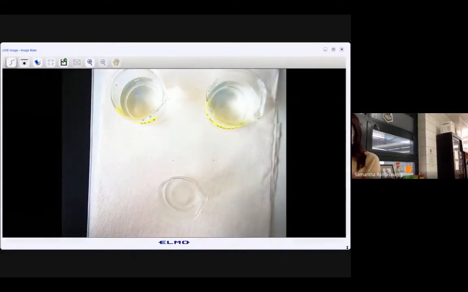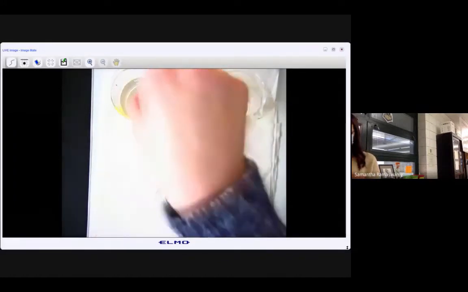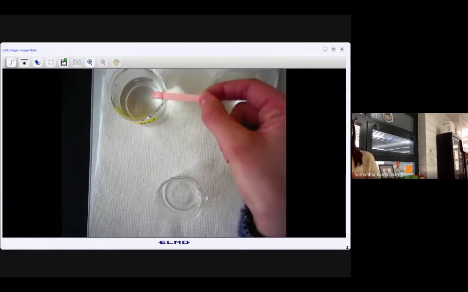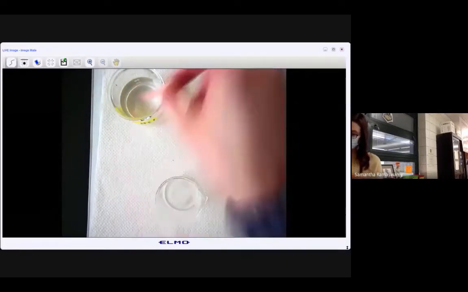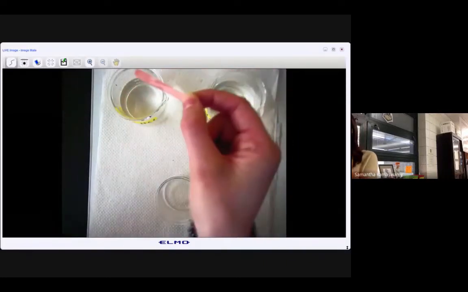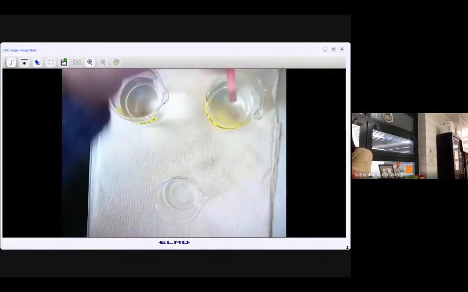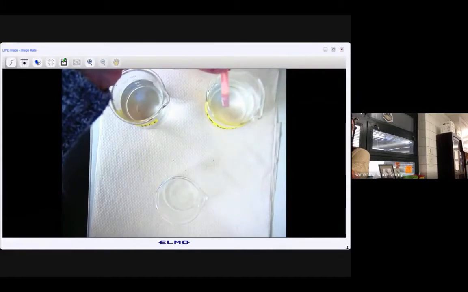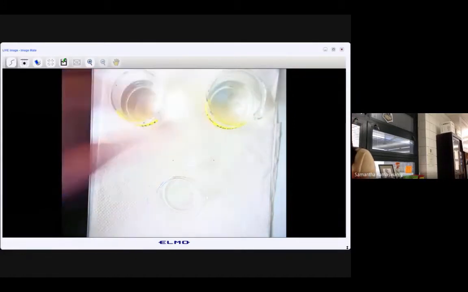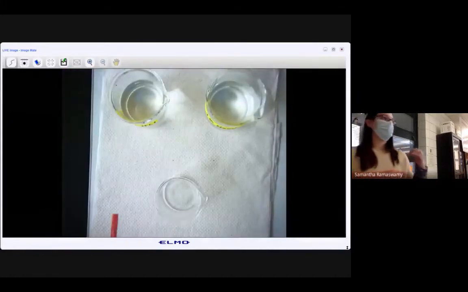So for example, if I dip this into HCl, the red paper stays red. So if I didn't know what this was, that kind of helps me. NaOH, so see how it's turning kind of a purple color. We would say that that's turning blue. Bases turn litmus paper blue.